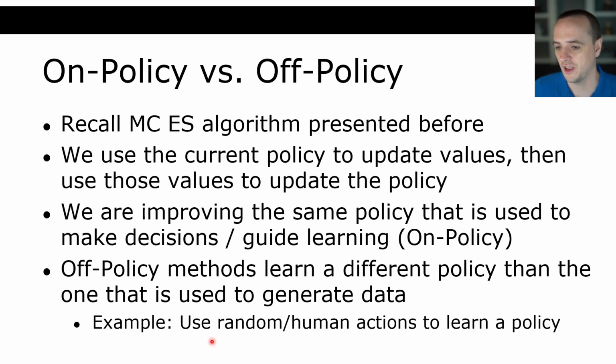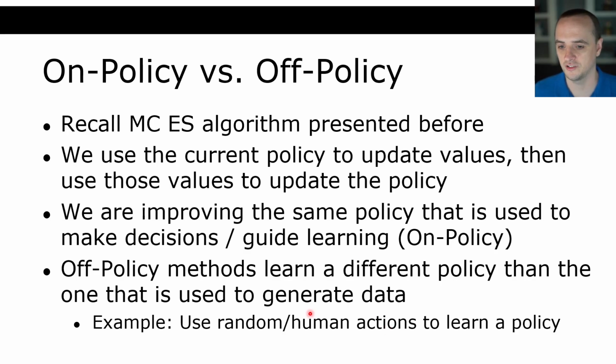However, for example, we could learn about blackjack by just doing random actions if we wanted to. So if we had just taken a bunch of random actions like hit here, stick there, we would still be learning about those values and we could still update a policy, but we were using a policy, random, which isn't the policy that we're learning in order to guide the actions.